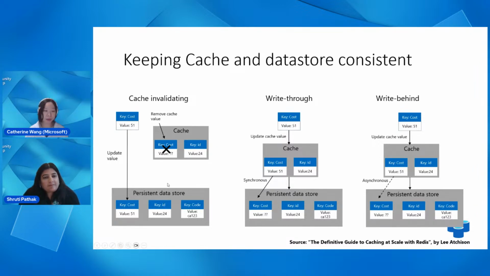Suppose you do have a backend persistent data store, and then you put a cache beside it to accelerate the performance for some repeated or slow queries. What if the backend data store gets updated? The first scenario, cache invalidation, means every time you update a record in the persistent data store, you remove the cached value from the cache.